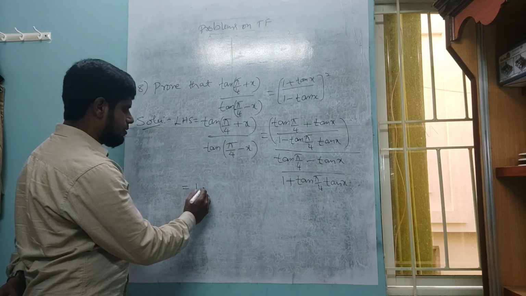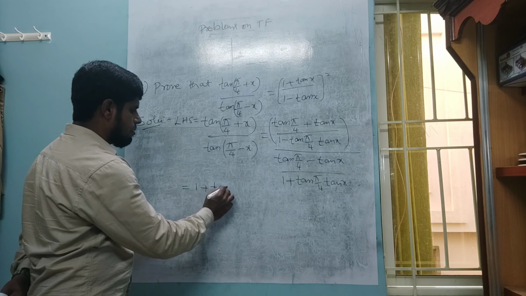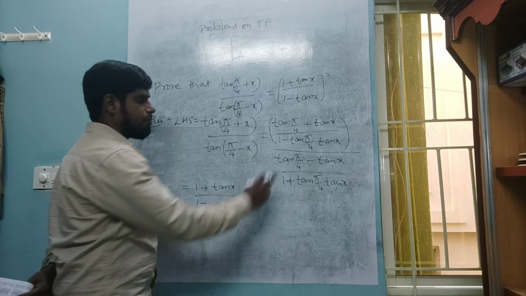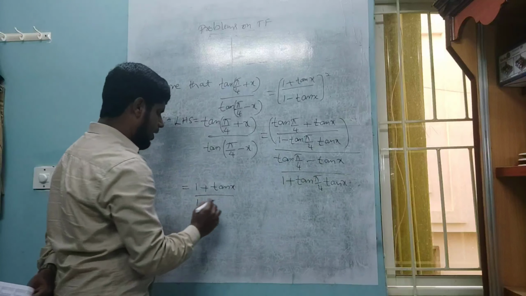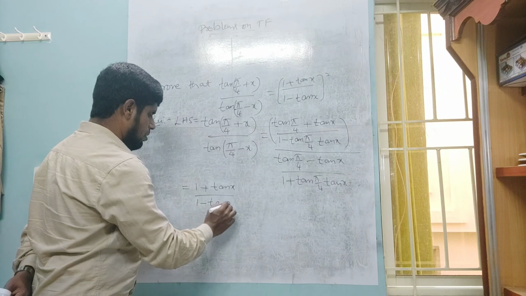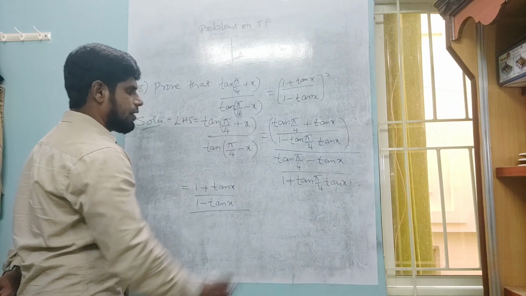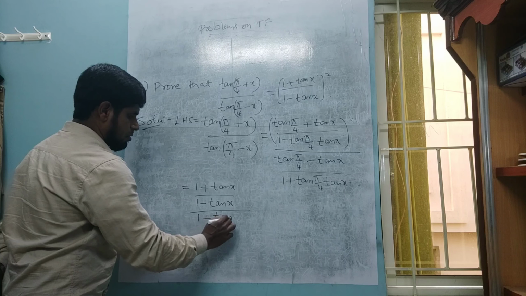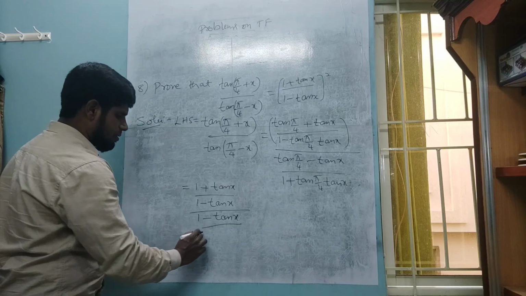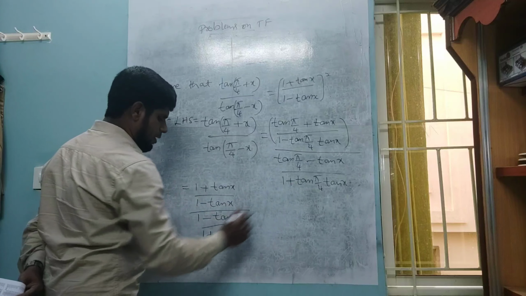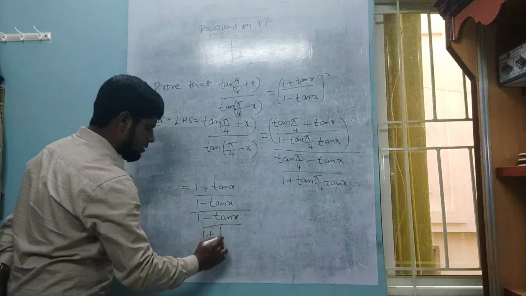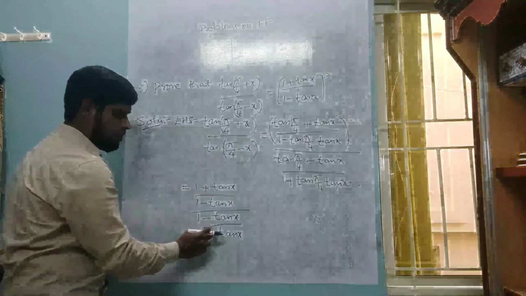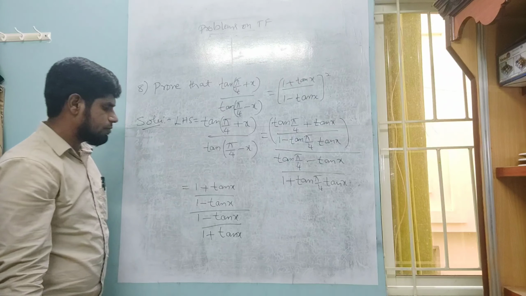Tan pi by 4 is 1, so 1 plus tan x divided by 1 minus, since tan pi by 4 is 1, 1 into tan x. It is tan x divided by, tan pi by 4 is 1, 1 minus tan x divided by 1 plus, tan pi by 4 is 1, 1 into tan x is tan x. No need to write the coefficient 1 here. If you do not write it also, there is a 1.